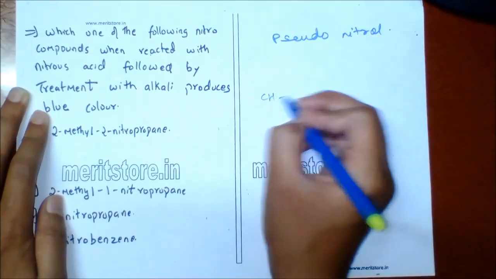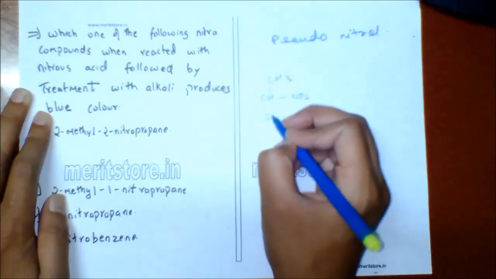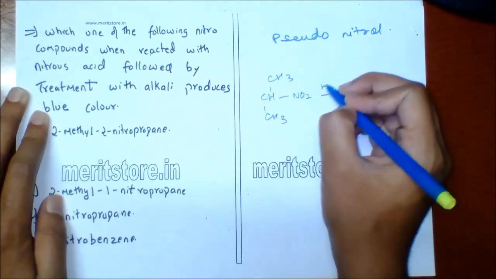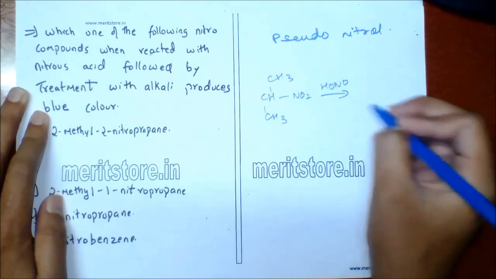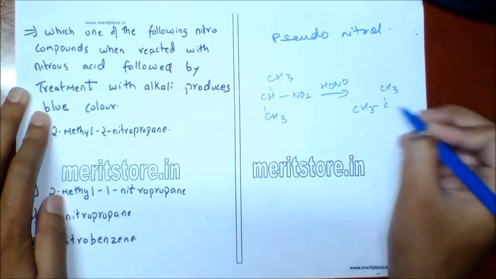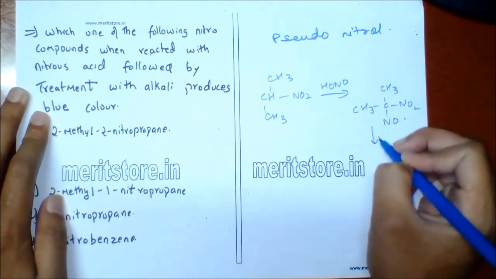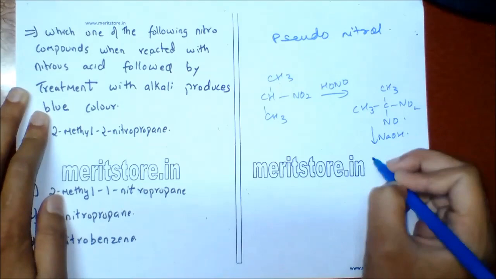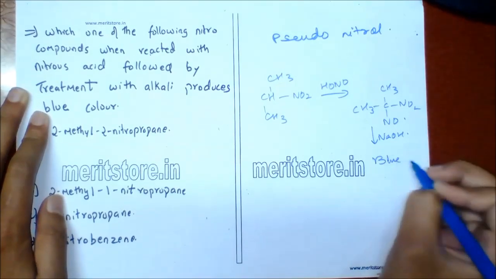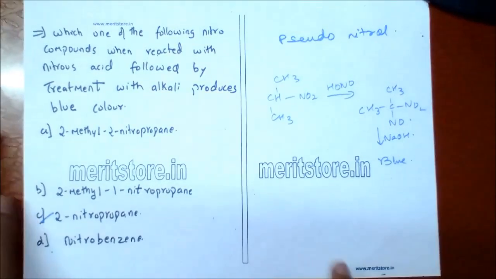So the reaction goes as, which on reaction with nitrous acid will give (CH3)2C(NO2)NO, which on reaction with alkali will give blue color. So option C is the correct answer.